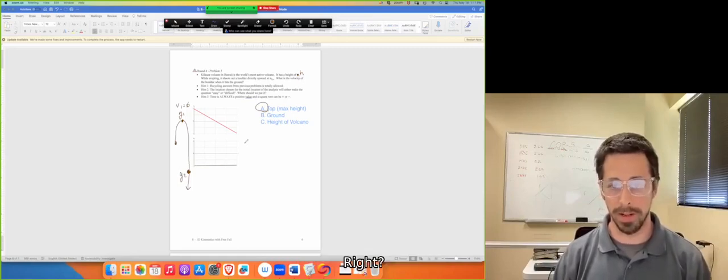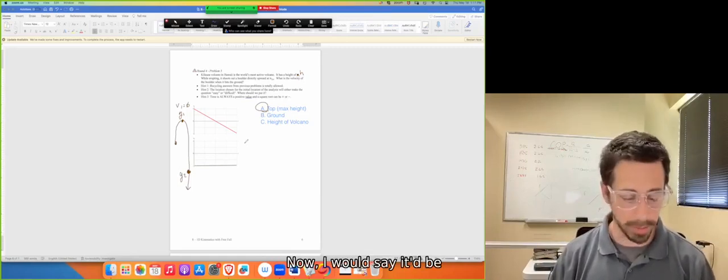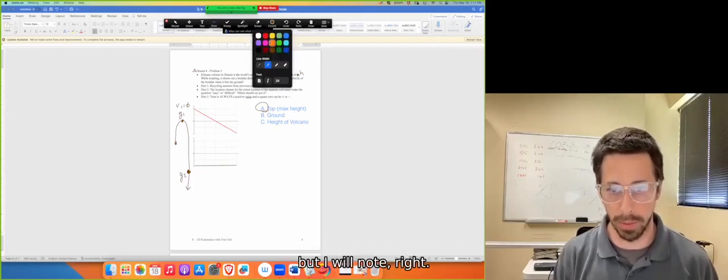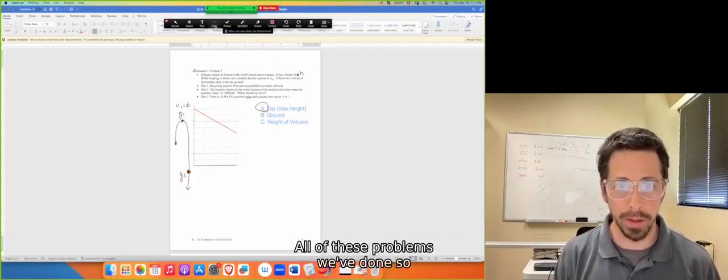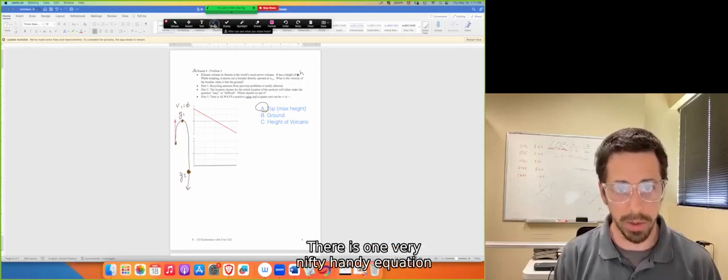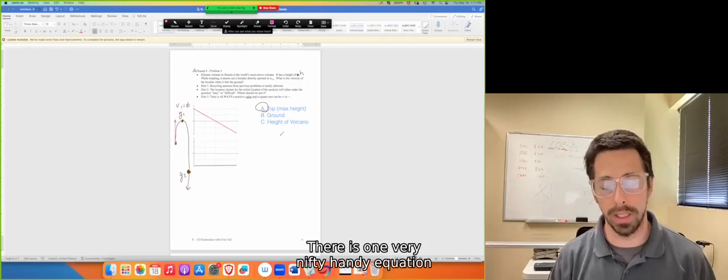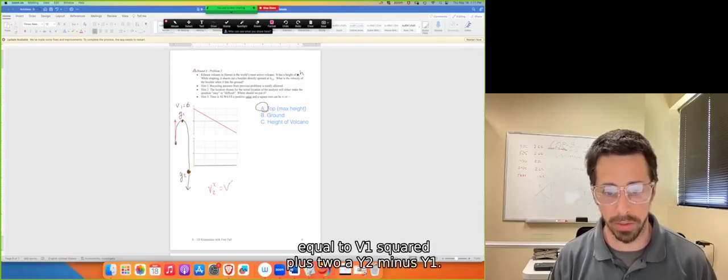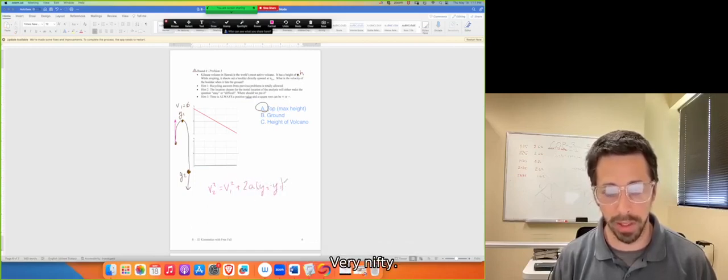Now, it'd be irresponsible for me to not say this, but I will note, right? All of these problems we've done so far have not involved time. There is one very nifty, handy equation called v2 squared is equal to v1 squared plus 2a(y2 minus y1). Very nifty.